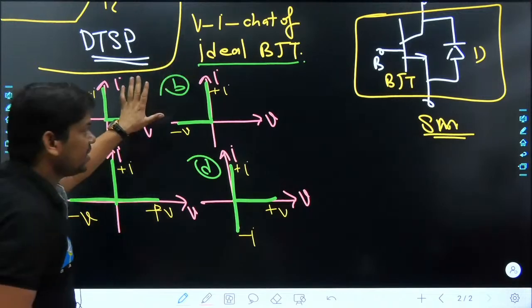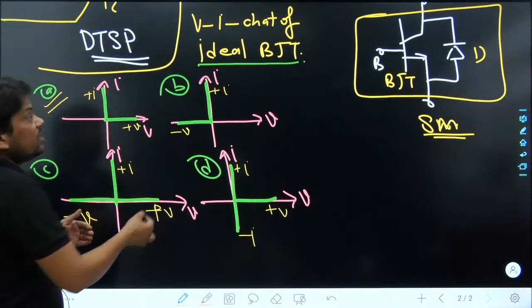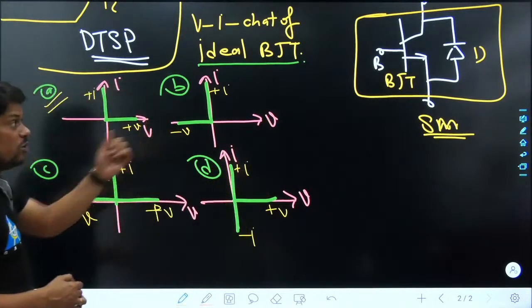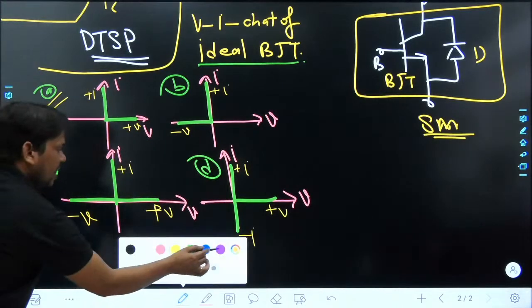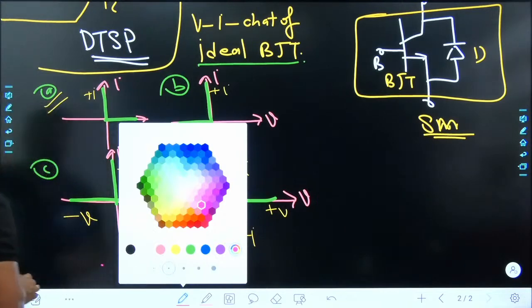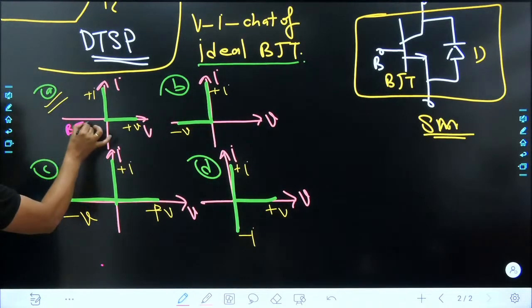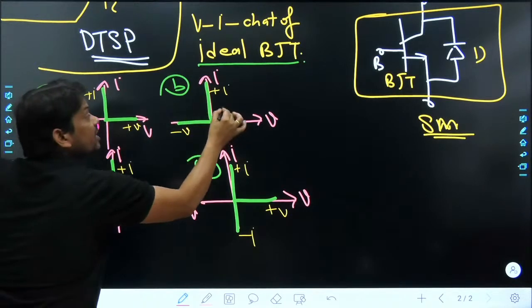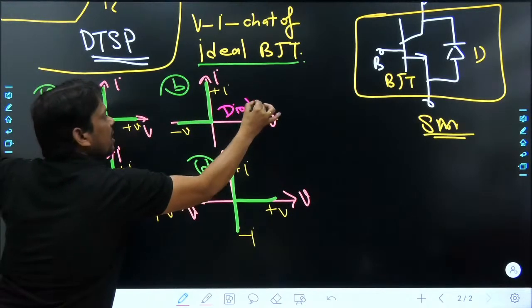Only for BJT. Similarly, can you tell me the diode VI characteristic? It is really very easy. This is the VI characteristic of an ideal BJT, and this is the VI characteristic of an ideal diode.